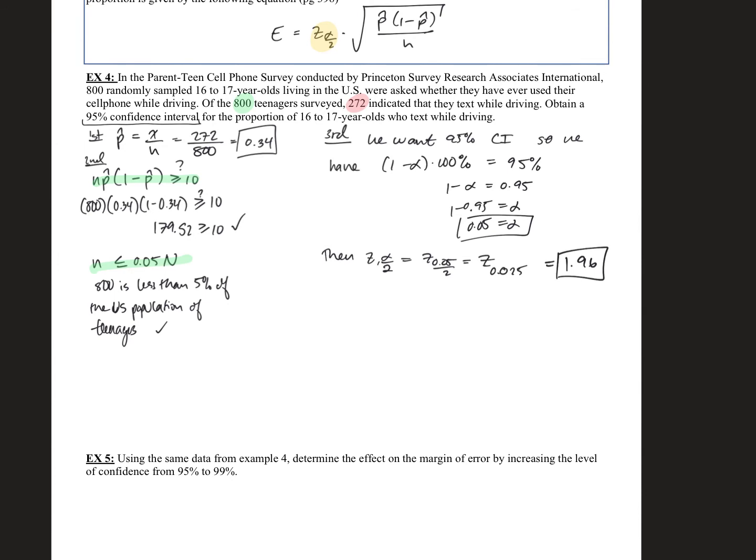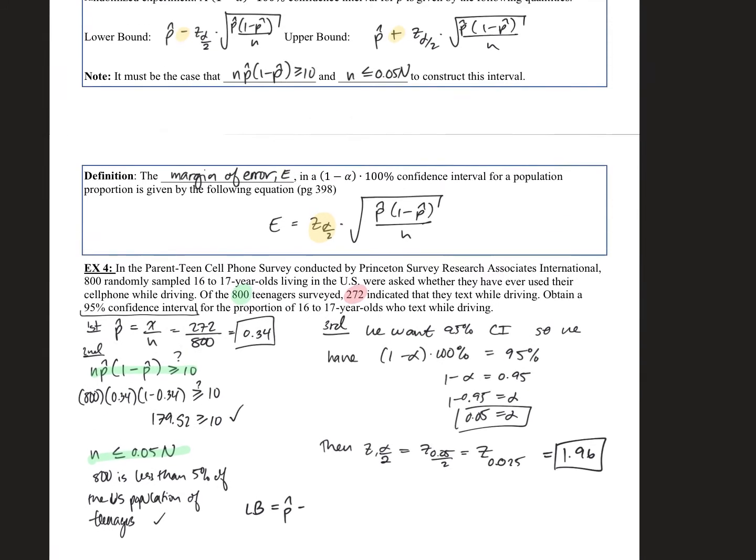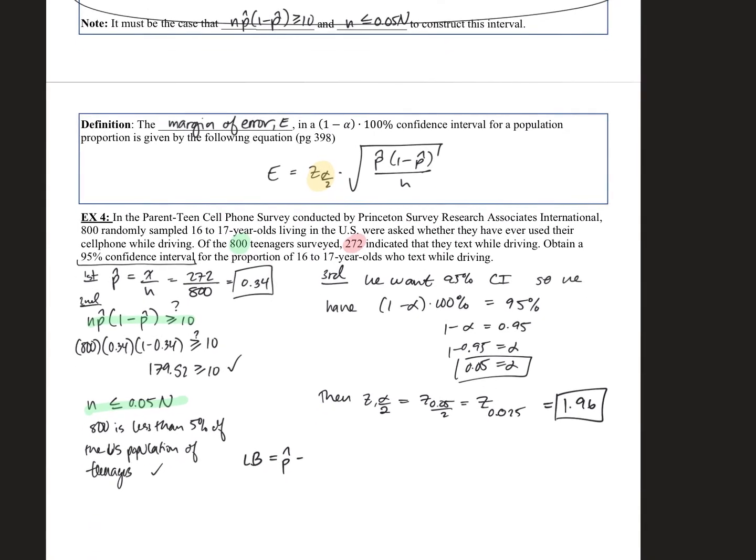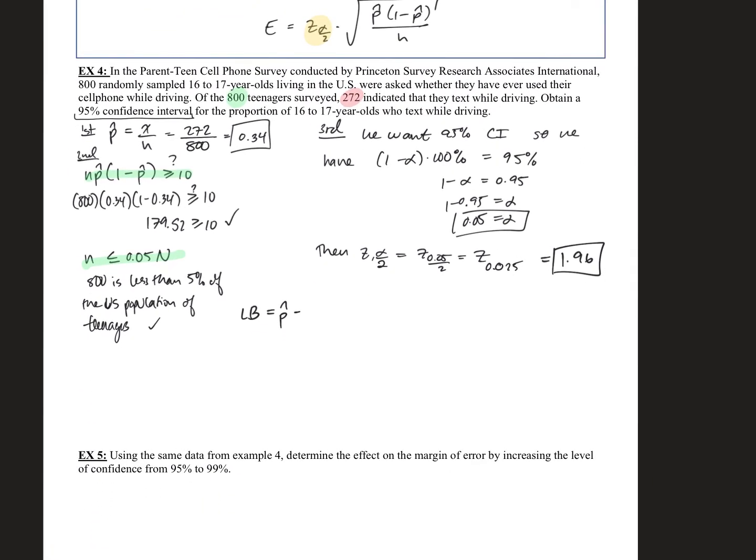And let's go ahead and substitute these into the formula. So the lower bound is going to equal p hat minus, what was our formula? Right here, upper and lower bounds for our formulas. We're looking for p hat minus z alpha over 2 times the square root of p hat times 1 minus p hat over n. And the upper bound is going to be the exact same, except we have a plus sign instead of that minus.